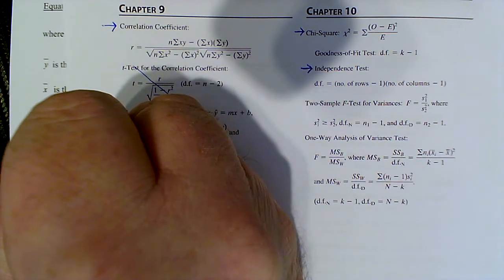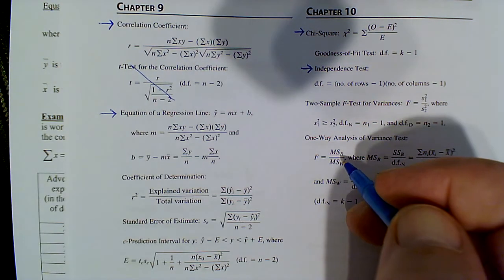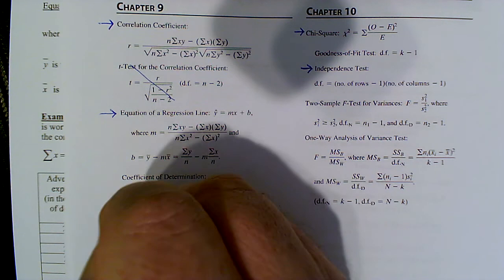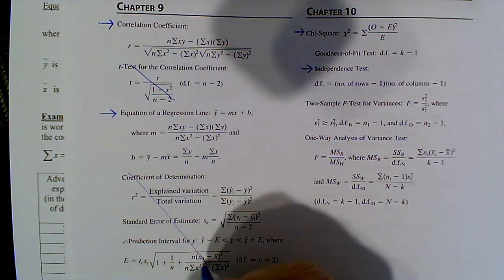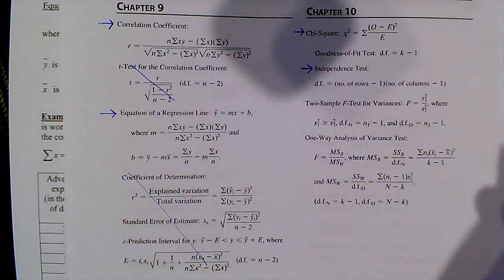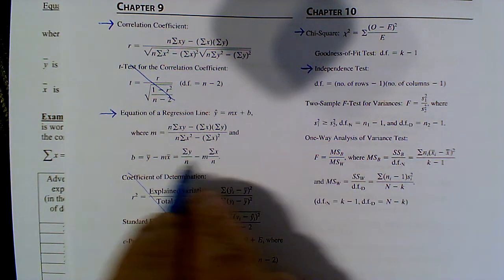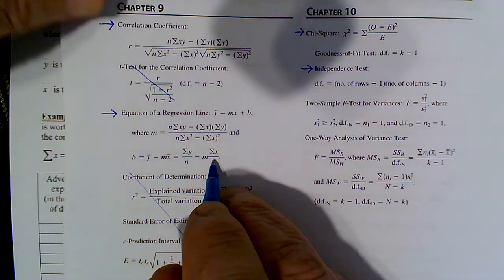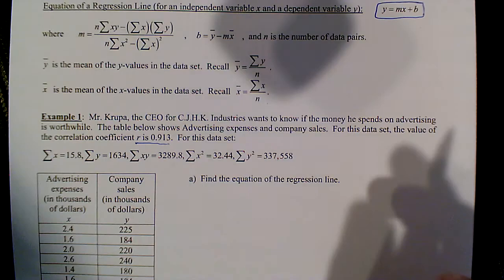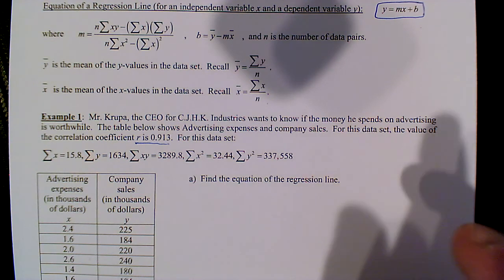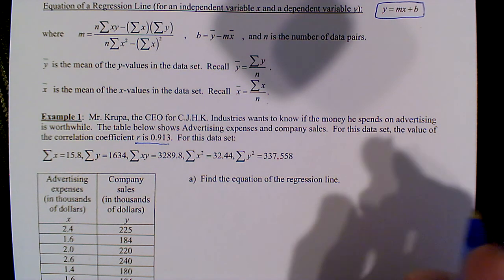And we want the equation of the regression line. And then we're not going to be doing anything with the rest of that. Okay? So that's all we need from chapter 9. So you can see these are the formulas given. And all we have to do is the computations.